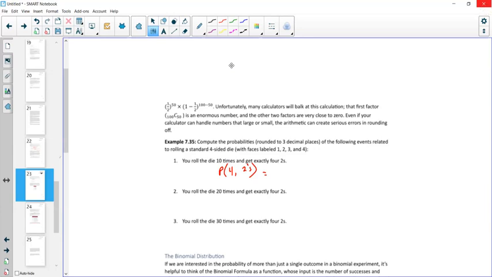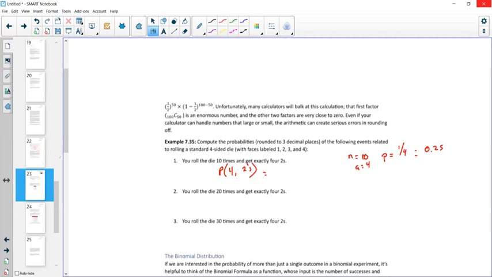So in this case, n equals 10, a equals 4, p equals 1/4, or 0.25.